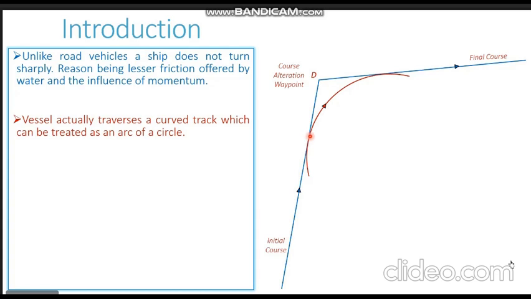And after this point, the vessel starts to travel on the curved path and it follows the curved path up to this point here, which is again a tangent. The final course is tangential to the turning arc here. And from this point onwards, the vessel again starts to move on a straight line track, which is the final course of the ship.